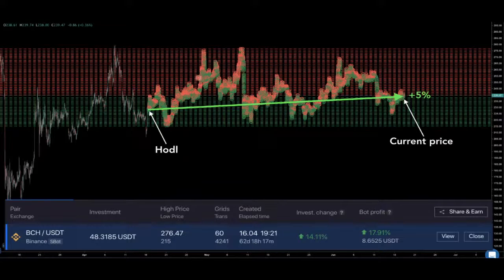And what turns out is that yes, it really moved upwards, but up to that point you would make only 5% if you just manually traded and simply hodled Bitcoin Cash. But with automation you would have generated 14%, and that's almost three times more than the simple hodl strategy.